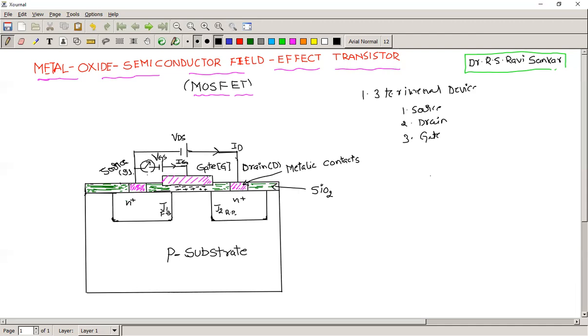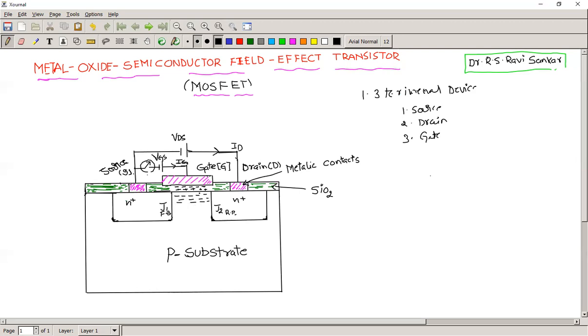Because of this field, the electrons will be collected here. There is an electron channel formed between the junction J1 and J2.